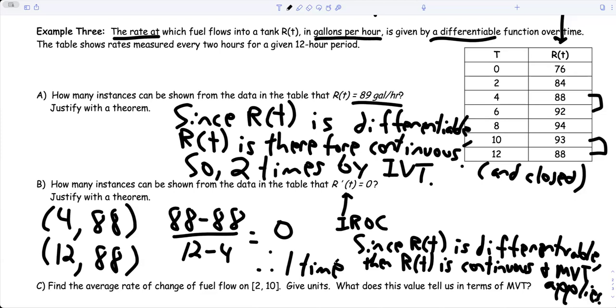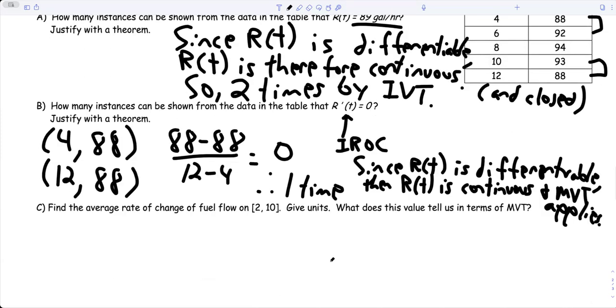Okay, so last one here. It says, find the average rate of change of fuel flow on the interval from 2 to 10. Give units. What does this value tell us in terms of MVT? Okay, so looking at the table, I've got 2, R of t is 84. And at 10, R of t is 93.